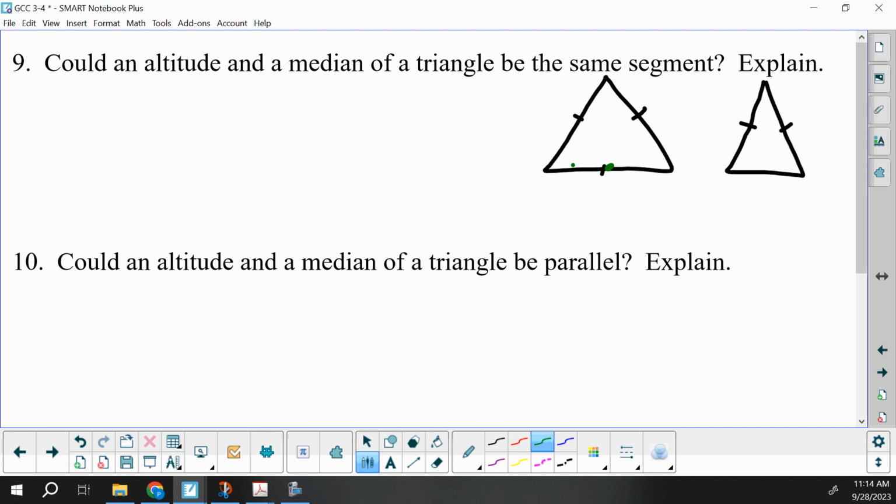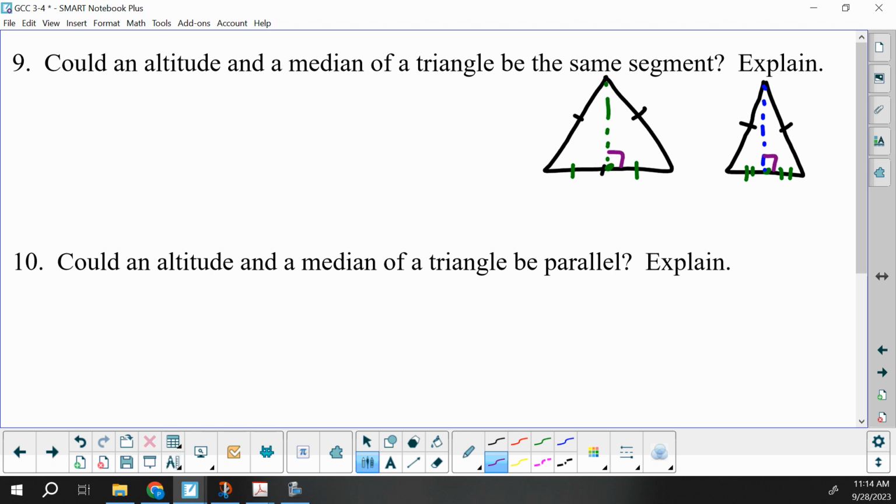The midpoint of the opposite side will also be the location where a right angle would be formed. Same thing here. If I did the midpoint of the opposite side, that would also be the location of where the right angle would be formed. So the altitude and the median would be exactly the same.